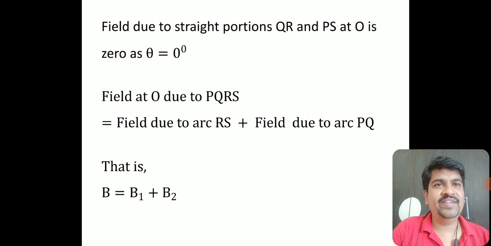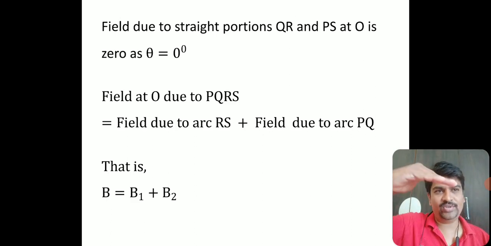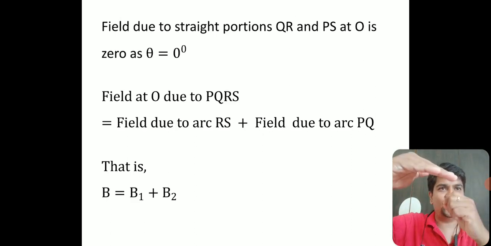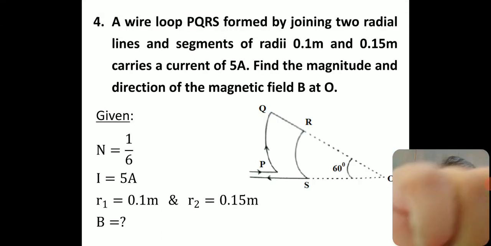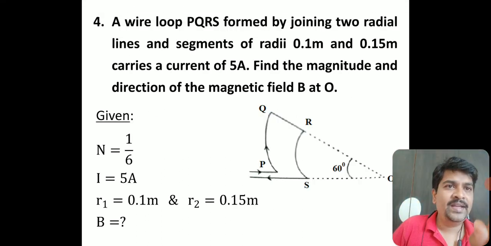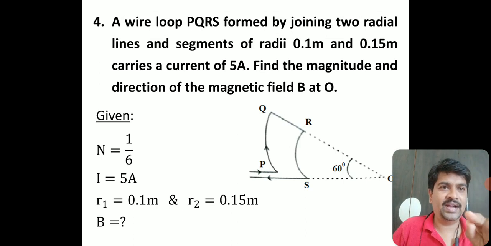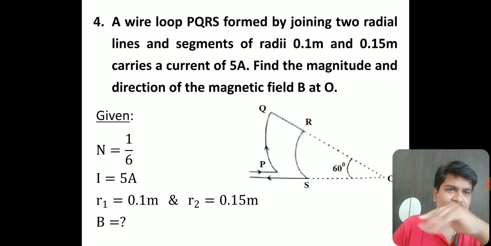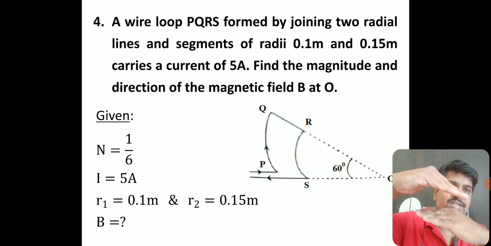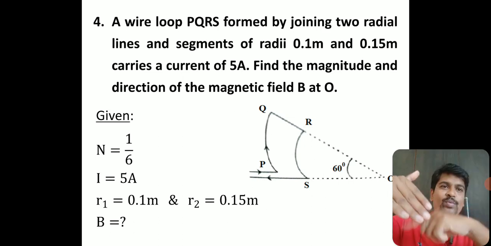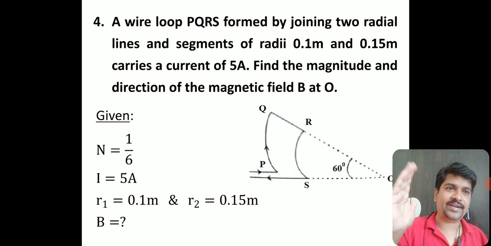See, the field due to the straight portions. Look at the diagram and see which are the two straight portions. It is QR and PS. They are straight, whereas QP and RS are in the form of an arc.